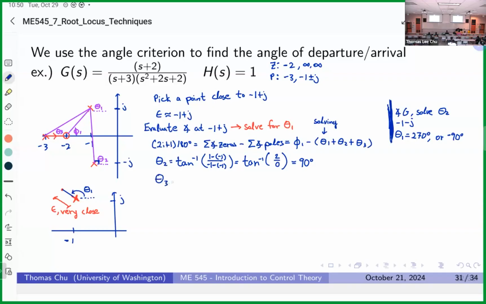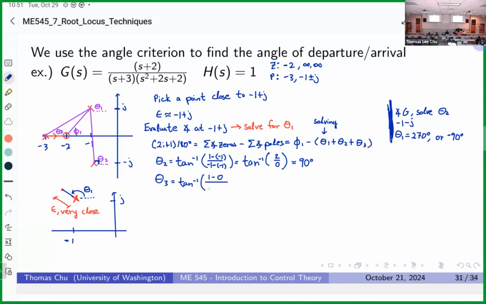Okay, so theta 3, we're going to solve for that. It's going to be arctan of our reference point, the height, minus the pole location, the height of the pole location, which is 0.